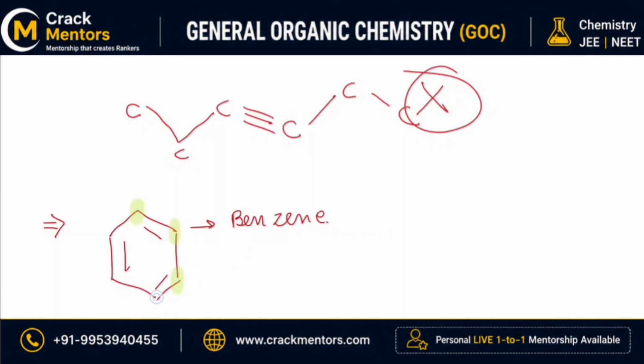You know that at the corners, the vertices, there are carbons. So how many carbons did you get? 6 carbons. How many double bonds are there? Here a double bond is seen, here one, and here one. So there are 3 double bonds, right?